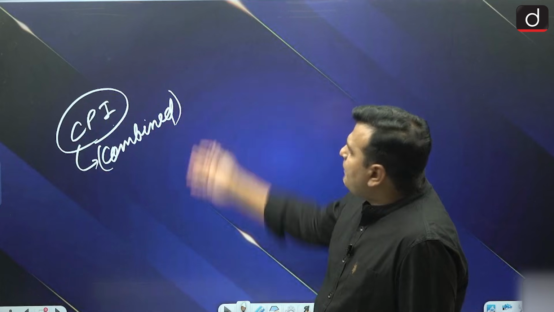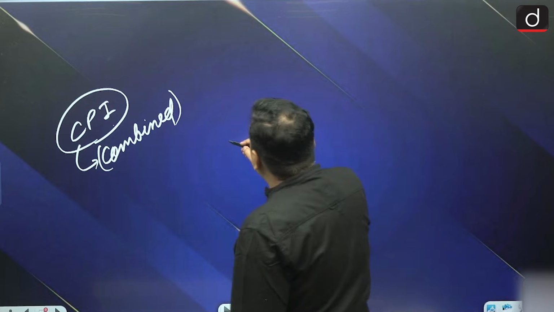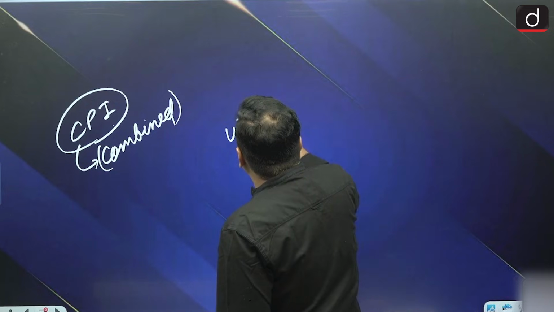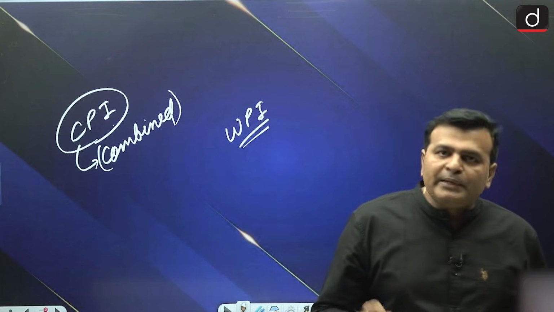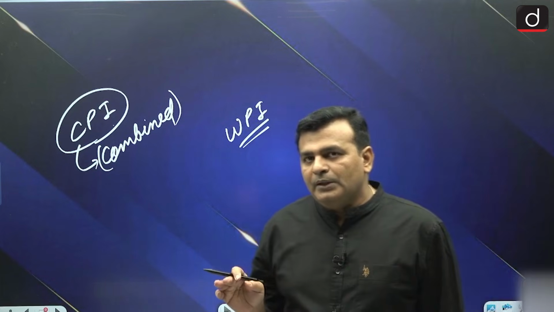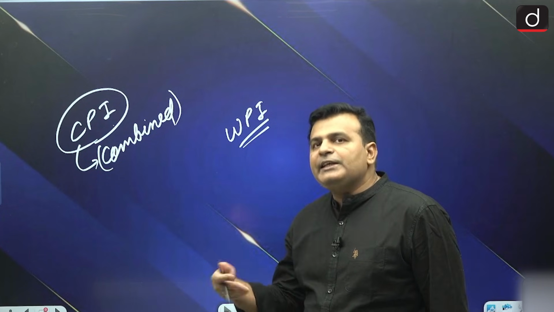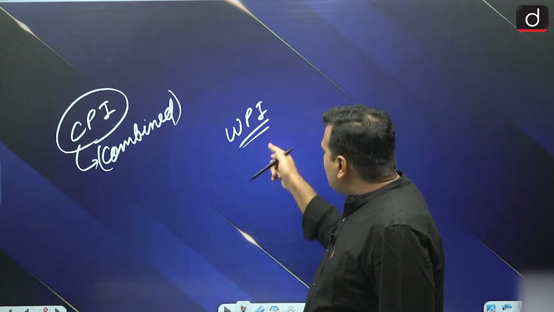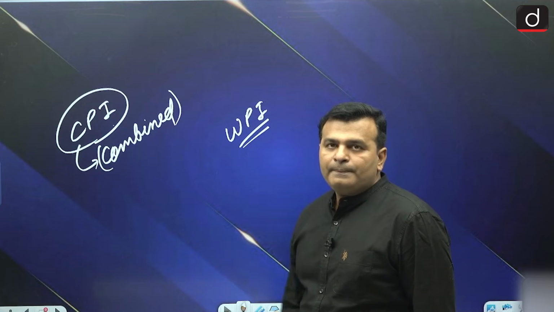We have another index which is termed as WPI. WPI stands for Wholesale Price Index. So CPI calculates inflation at retail level, whereas the WPI calculates inflation at wholesale level.